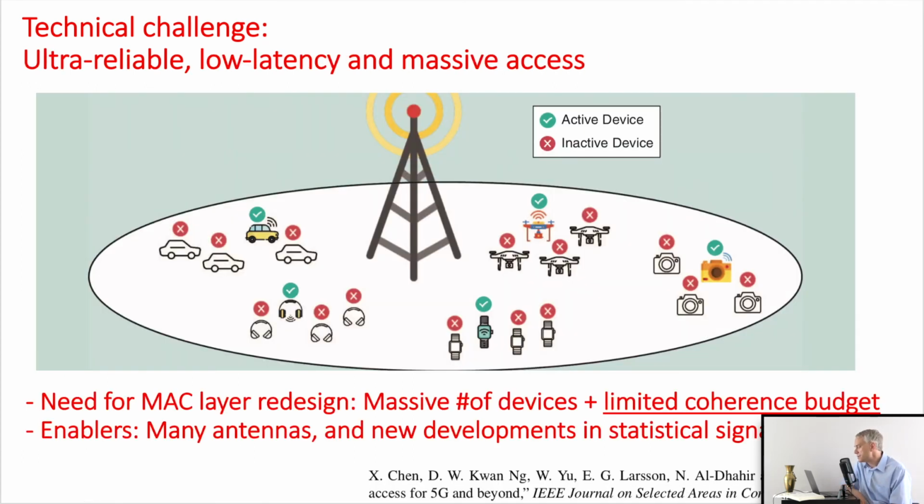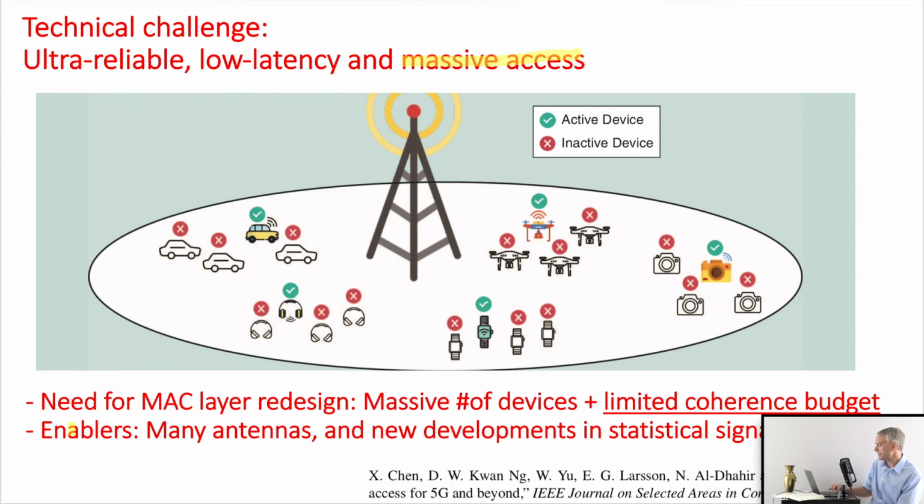Another technical challenge is, of course, reliability and low latency, and also in the context of massive access, where we have a lot of devices and potentially a lot more devices than what the channel coherence interval allows us, in the sense that we have more devices than samples in the coherence block, which means that we can't afford to give every device a unique orthogonal pilot sequence, and this inevitably causes collisions in the random access phase.